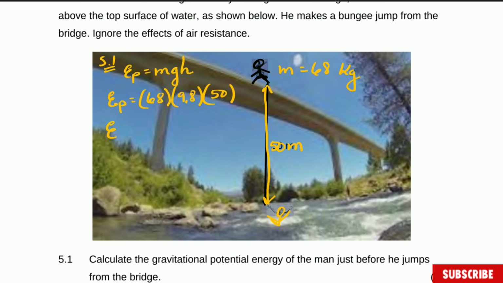And this one is telling you that the gravitational potential energy of the man there is going to be 33,320 joules. That one is question 5.1. If you answer that one correct, you will get the first 3 marks of this question. One there, one here, and one for the answer.